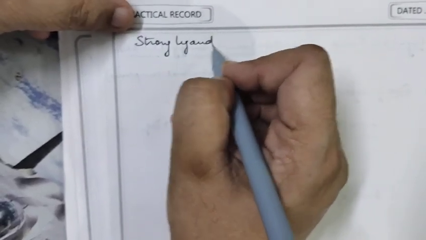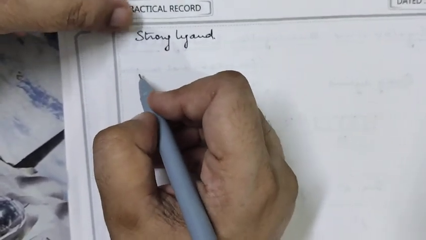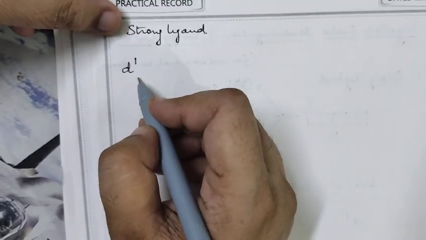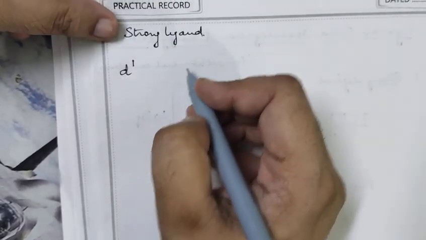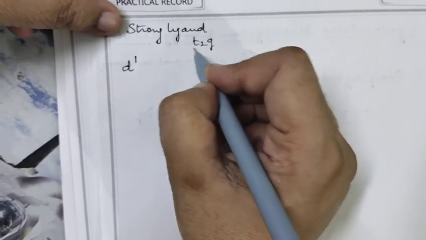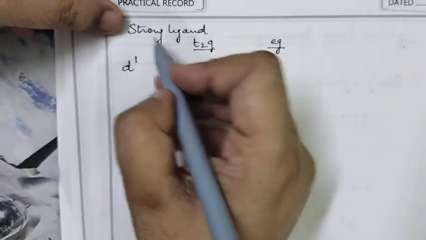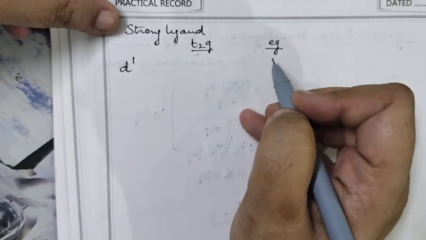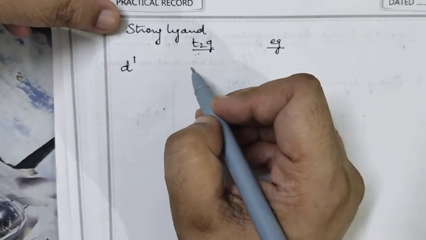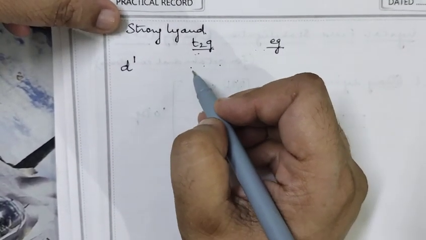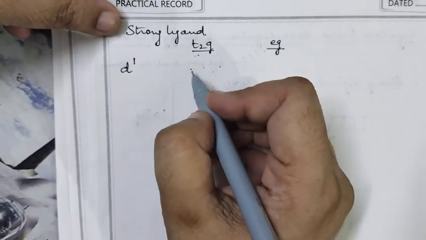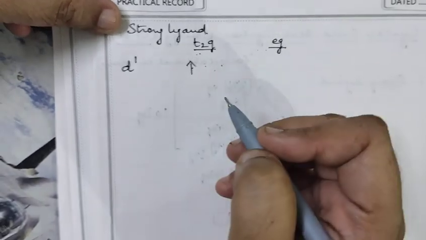So in the case of a strong ligand, the D configuration can be D1, D2, D3 to D10. If there is the configuration D1 for any central metal, then in T2G and EG, remember a strong ligand means this gap is higher and they try to get paired up. That is, when T2G is singly filled, they will be paired up in T2G only. So if one electron is to be filled, it will be filled in T2G.